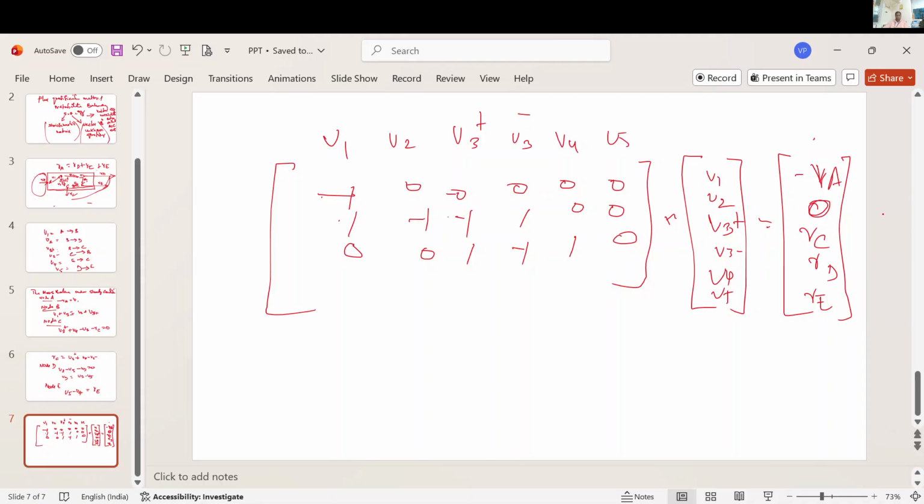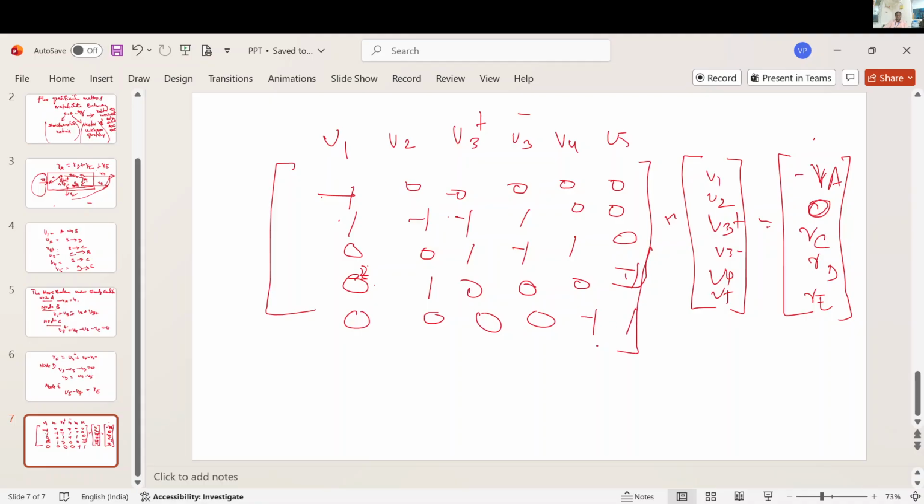The next two equations are going to be 0, 1, 0, 0, 0 and minus 1. The last equation is 0, 0, 0, 0, minus 1 and plus 1.